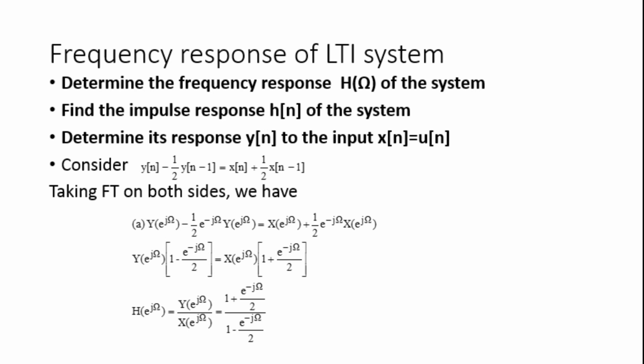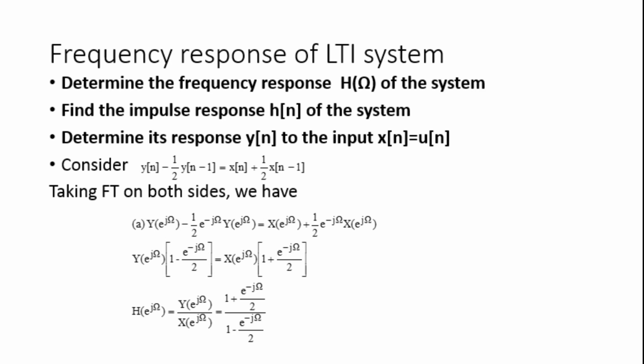Taking Fourier transform on both sides of the given equation, we get Y of e power j omega minus half into e power minus j omega into Y of e power j omega is equal to X of e power j omega plus half into e power minus j omega into X of e power j omega.